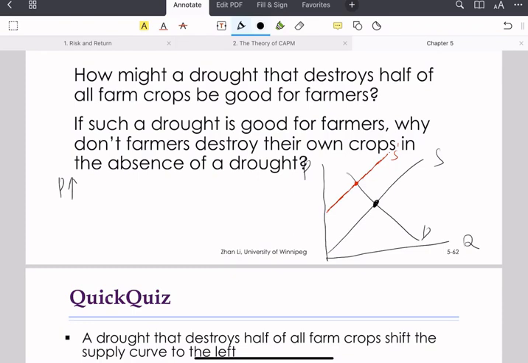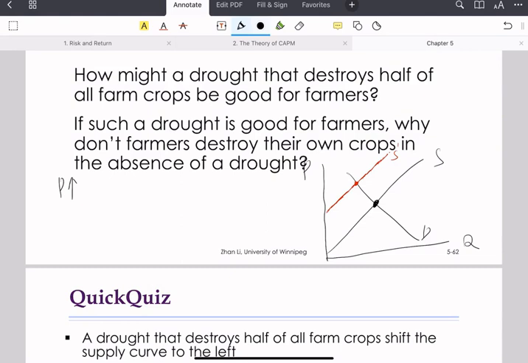Now, we're back to the first example because we're talking about the demand curve for food, right? So you can see that the demand curve is inelastic.